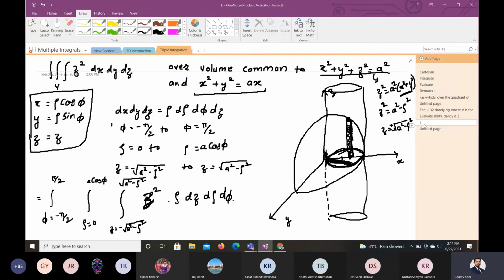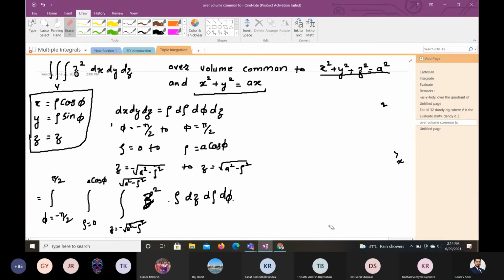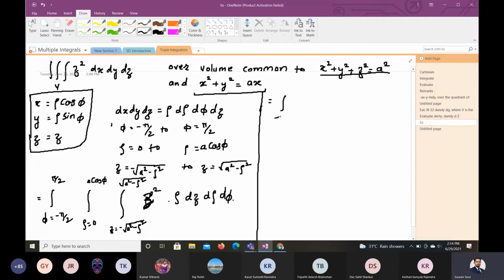Okay, what I was doing was, I'll rub this now, as the limits are very much clear. Now the only task is to solve it. Solving is very easy. Again, it is just standard mathematics. So minus pi by 2 to plus pi by 2, 0 to a cos phi.